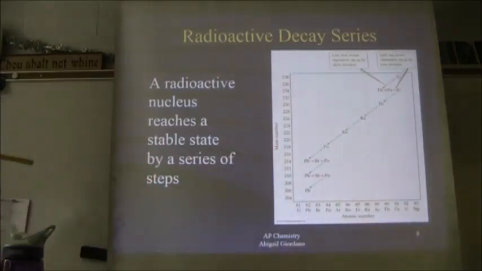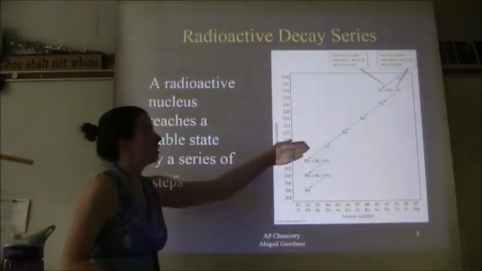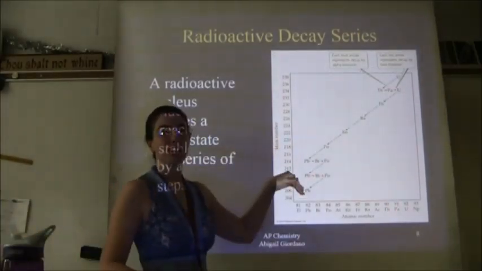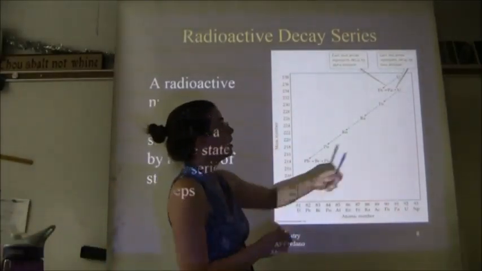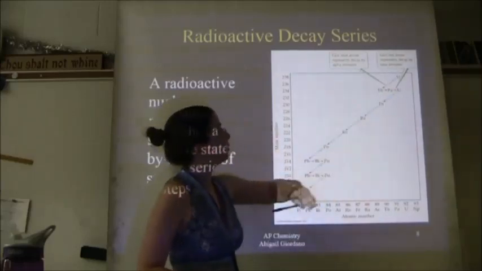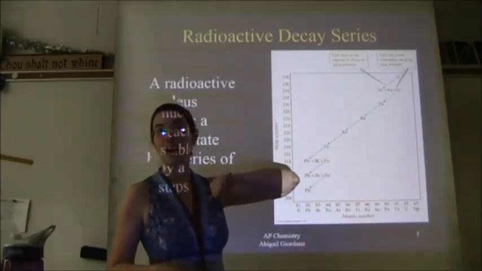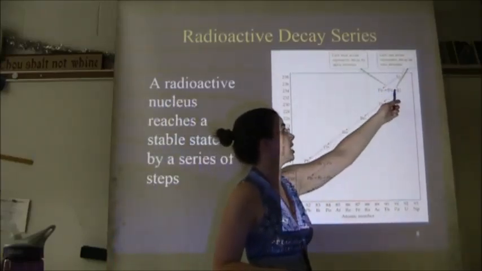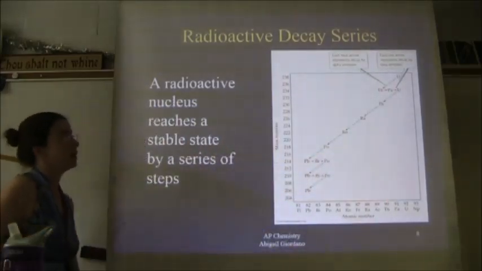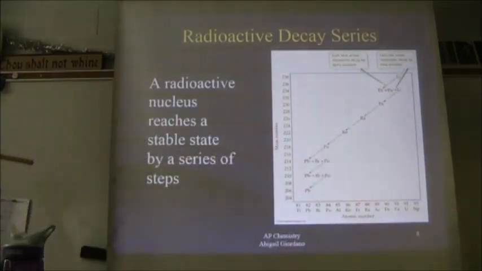It is not a radioactive substance. Okay? And so this particular, what they call decay series, every time you see a blue arrow, that represents an alpha decay, and anytime you see a red arrow is a beta decay event.